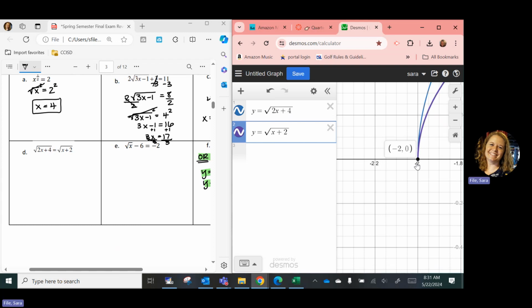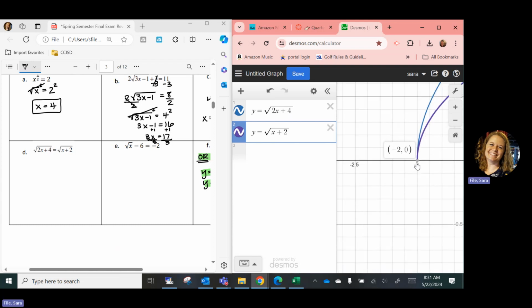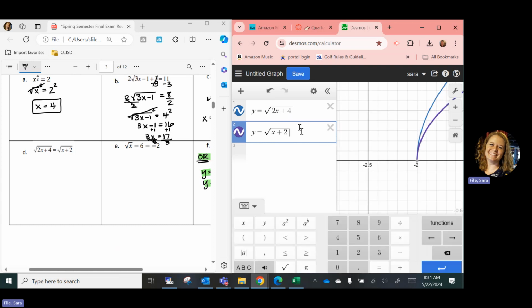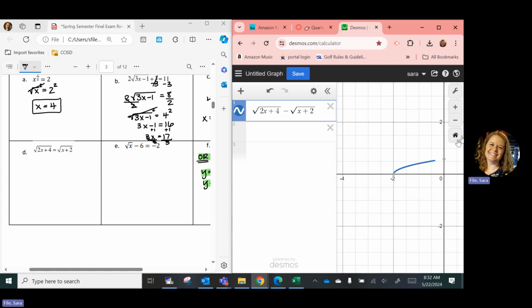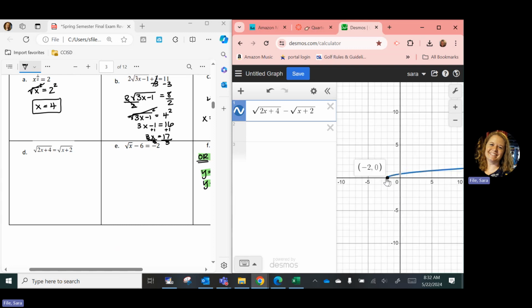Now your other option, besides looking to see where they intersect, was to move everything to one side. So I have the left side, and then I could just subtract that term from the right over to the left, so I would have minus the square root of x plus 2. I would just look at that graph, and I can see the x-intercept is at -2.